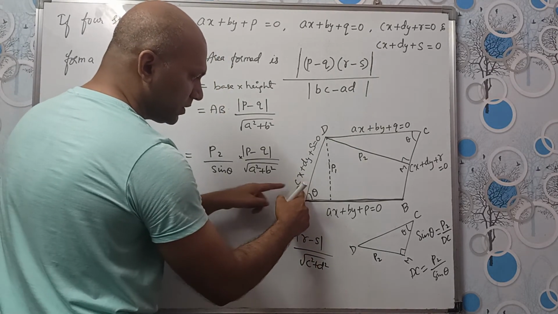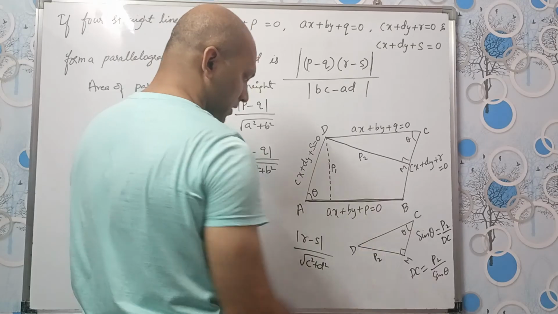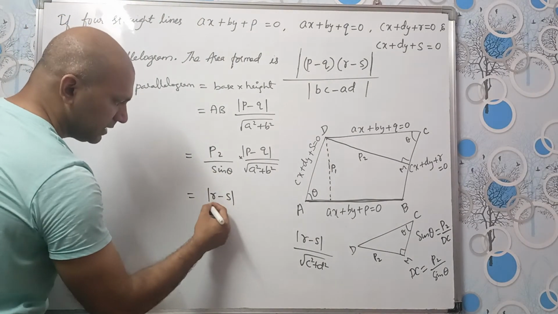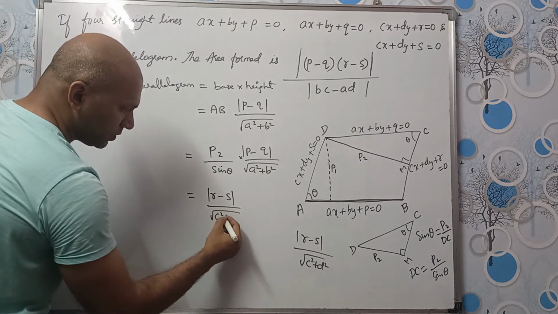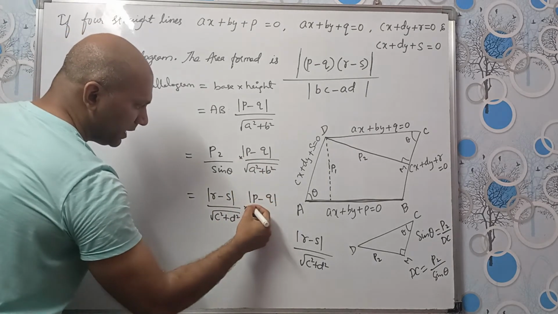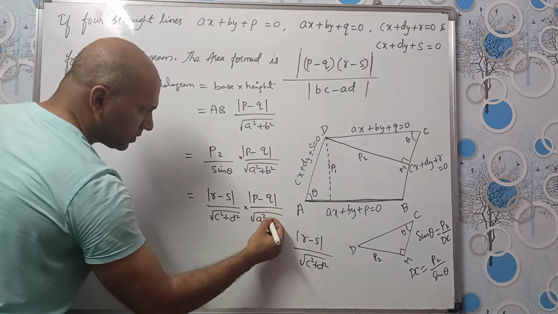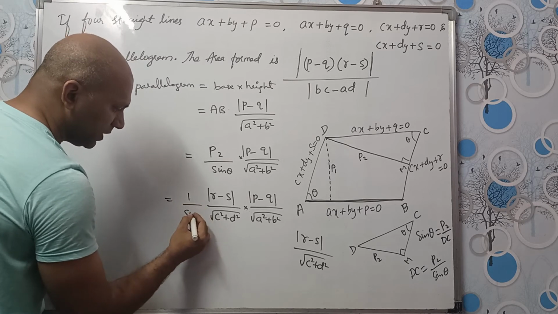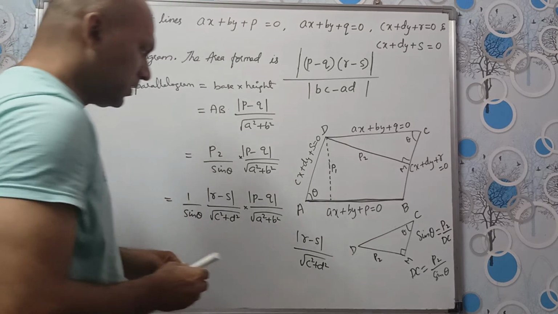C is the coefficient of x square, D of y square, right? So this P2 is R minus S divided by root of C square plus D square, and we have this P minus Q divided by root A square plus B square. There is sine also here, so we'll write 1 by sine here.